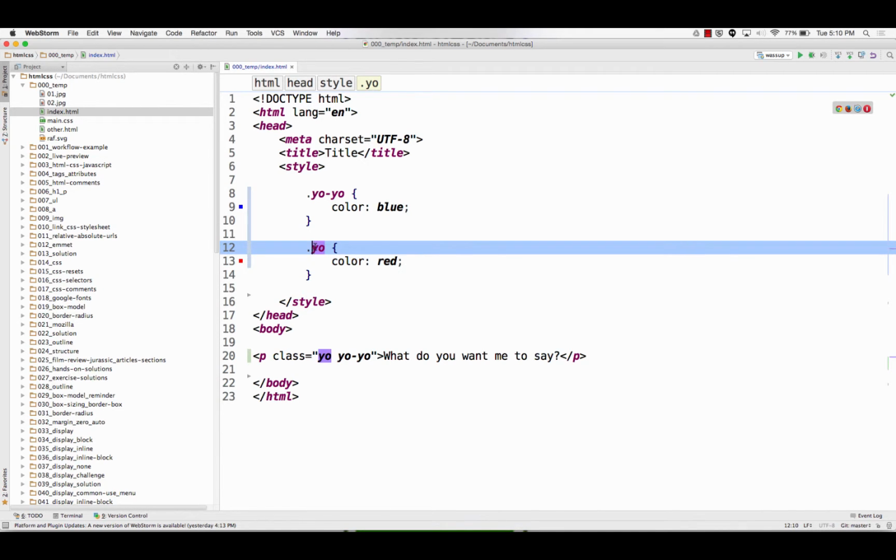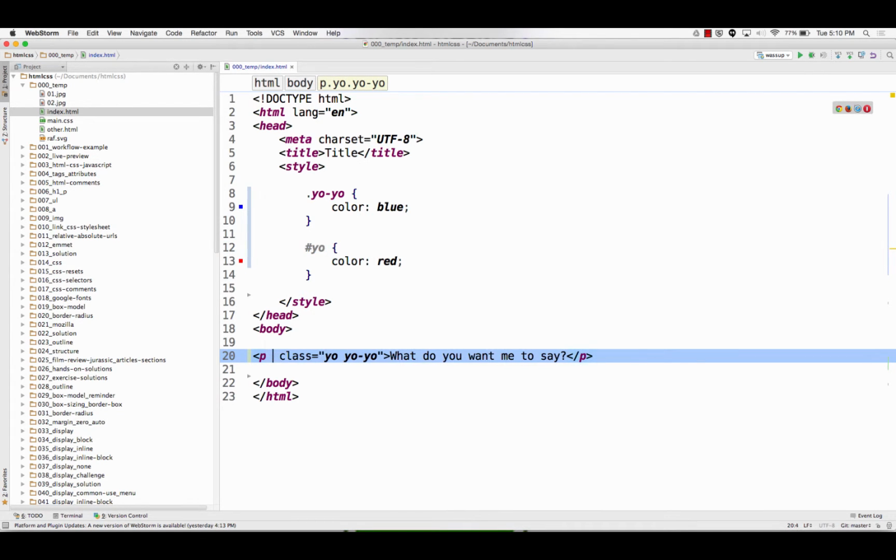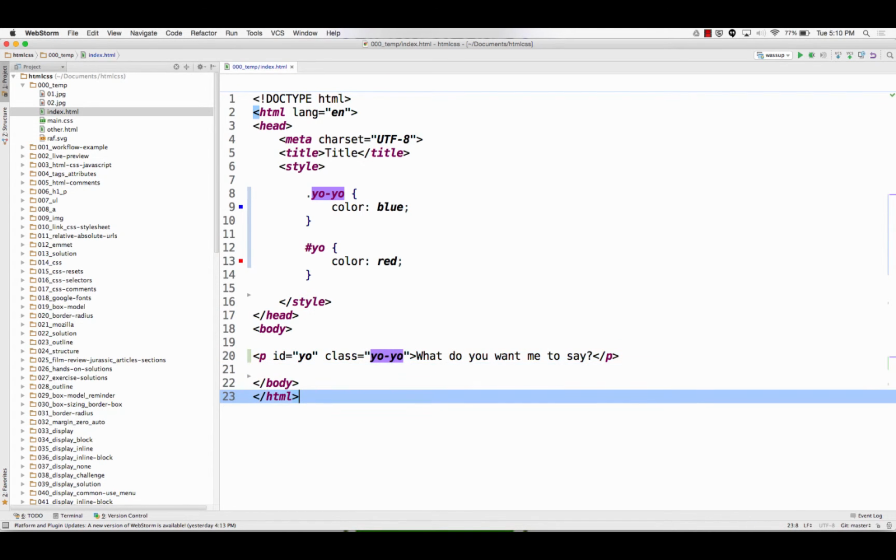So what about now this? What color is it going to be? Red? Red.